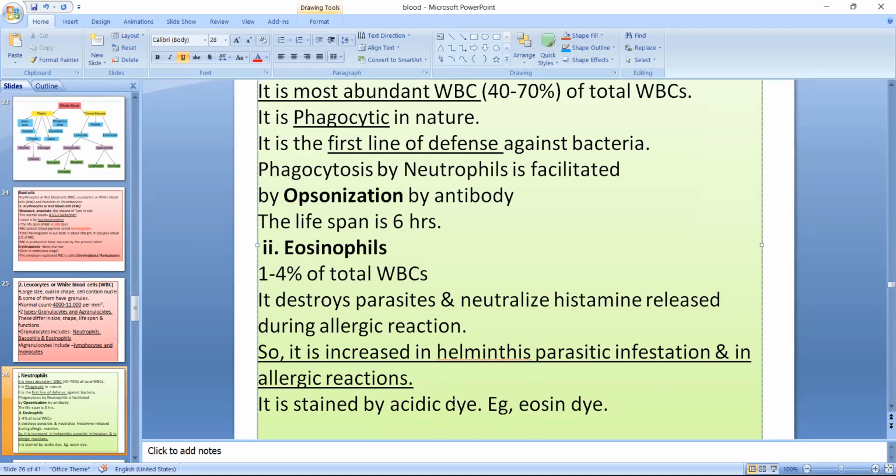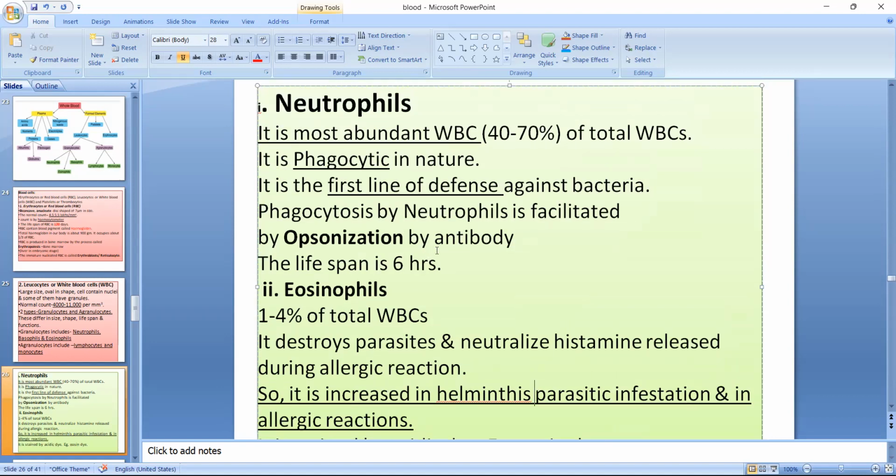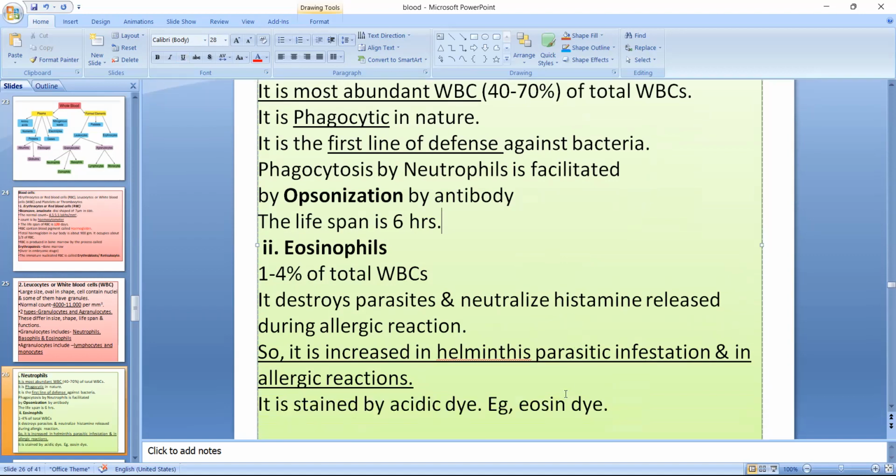Why is the name neutrophil and eosinophil? They give a specific color when dyes are added while observing under the microscope. If we use eosin dye, it will give a particular color, so they are colorful. That's why the name eosinophil.